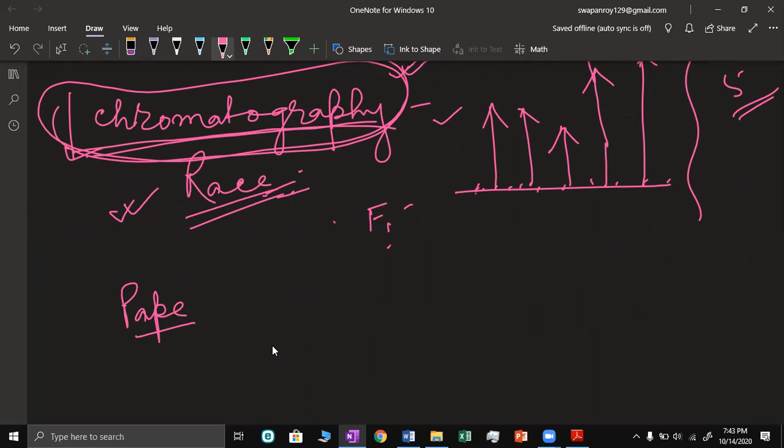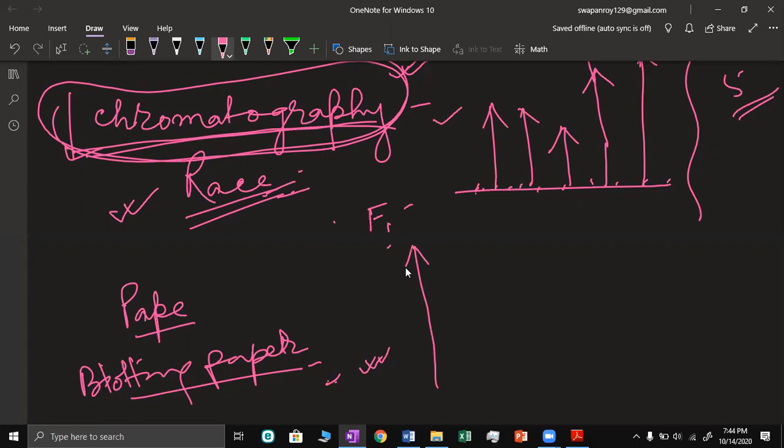Have you observed sometime that blotting paper, if you just touch one corner of it in water or any other liquid, starts absorbing that liquid? If it is a colored liquid, the color also will come up gradually. It moves. So this is what happens.